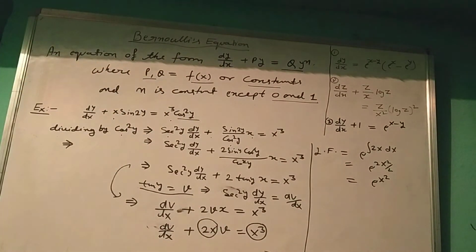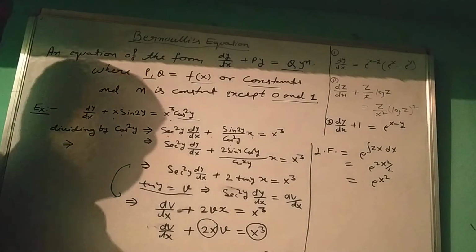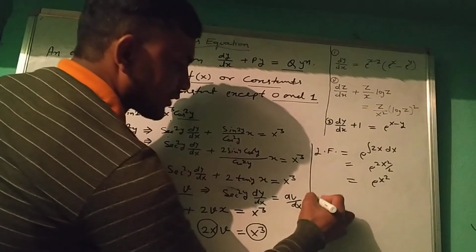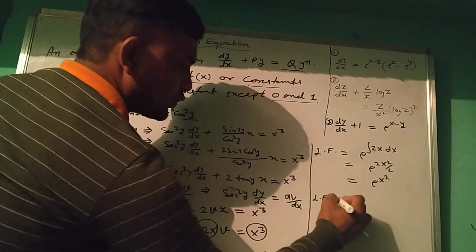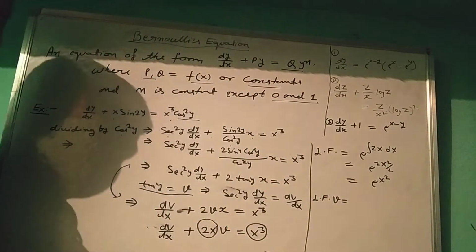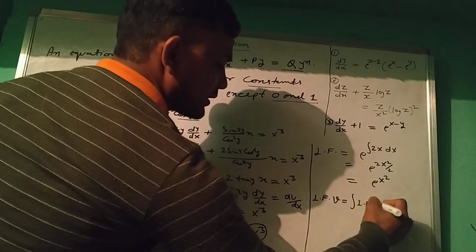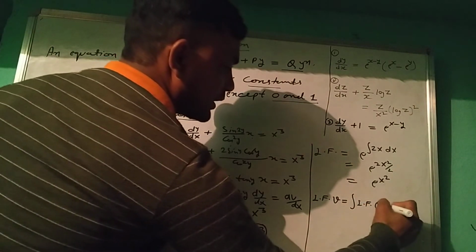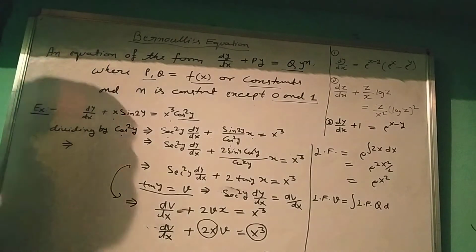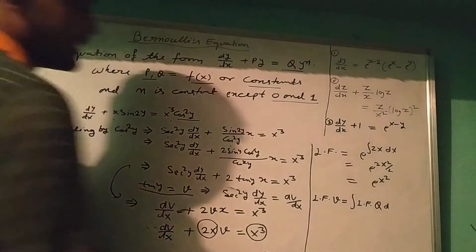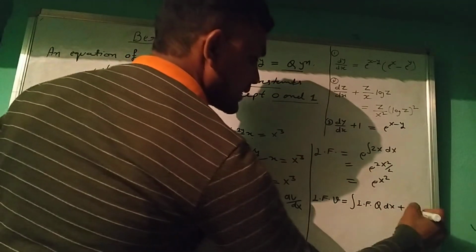In this case, the solution of this equation is integrating factor times v equal to integration of integrating factor times Q dx plus c.